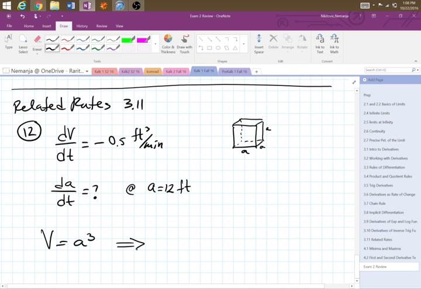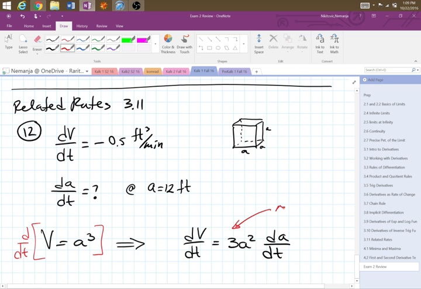We will differentiate that to get dV/dt equals 3a squared da/dt. So we are differentiating our volume equation to create what we call the related rates equation.